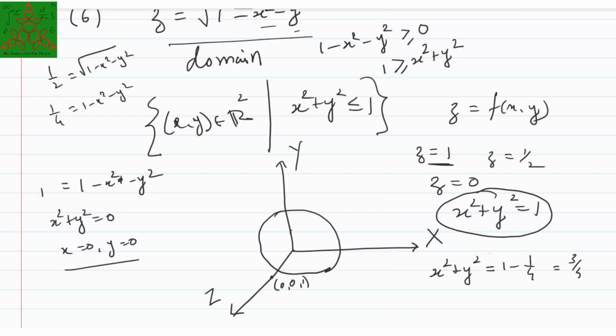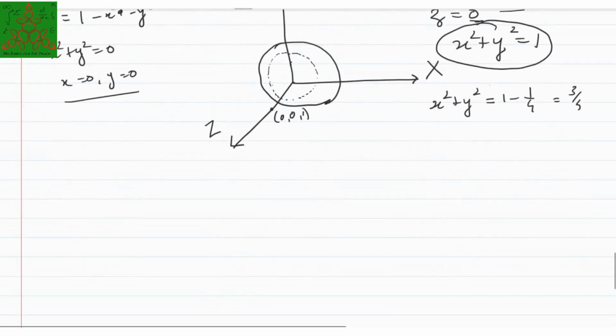So it will also give you a circle, with radius square root of 3 by 4. It will be a smaller circle at the place z is equal to 1 by 2, and so on. If you interchange the different values between 0 and 1, what does this figure look like?